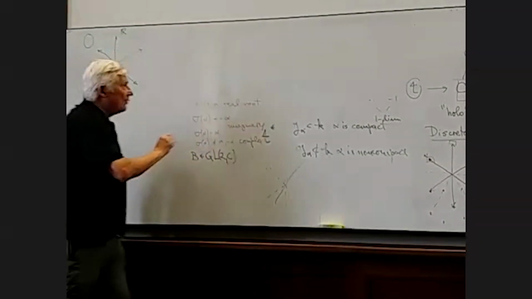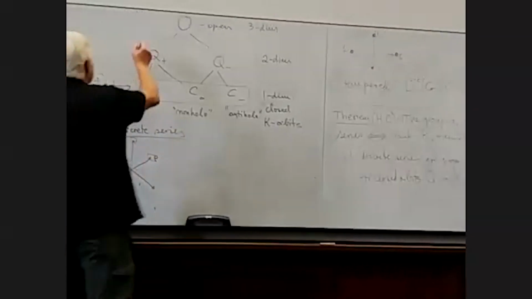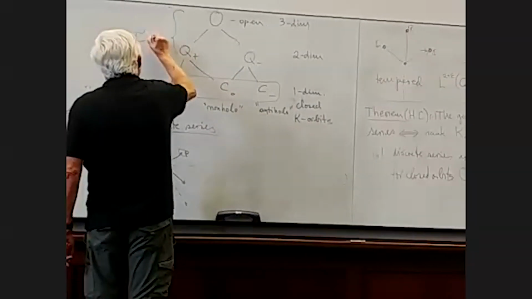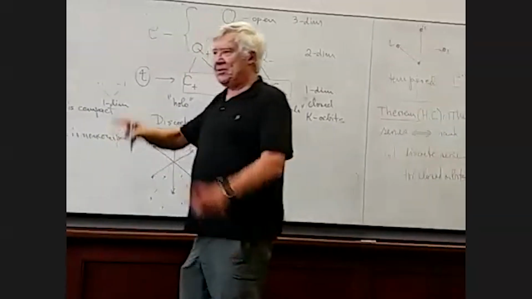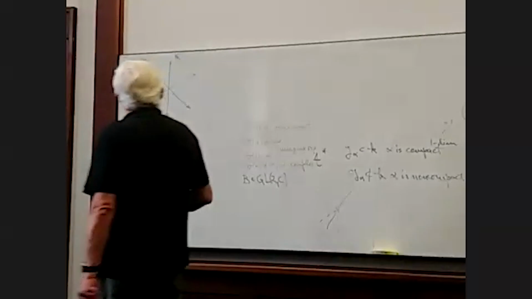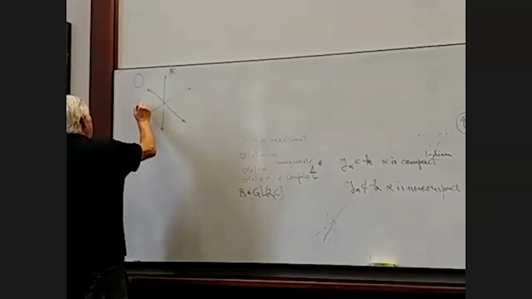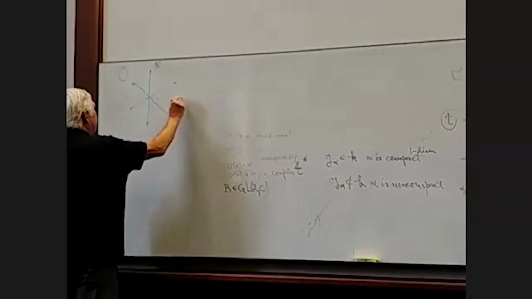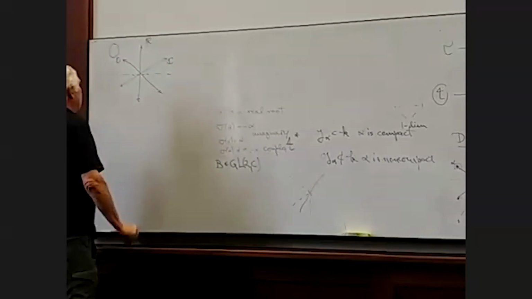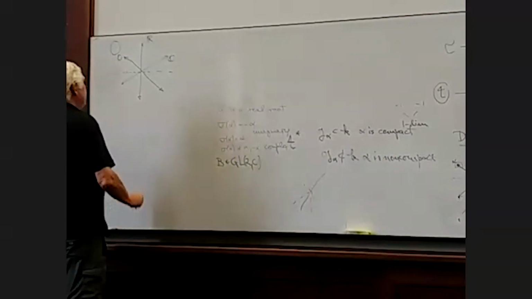Now this is attached to the Cartan. So these two correspond to Cartan subalgebra C, which has a one-dimensional vector part and a one-dimensional toroidal part. The toroidal part goes in this direction, and these two are complex roots.